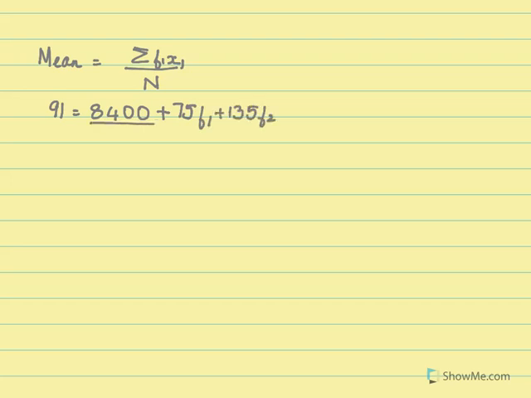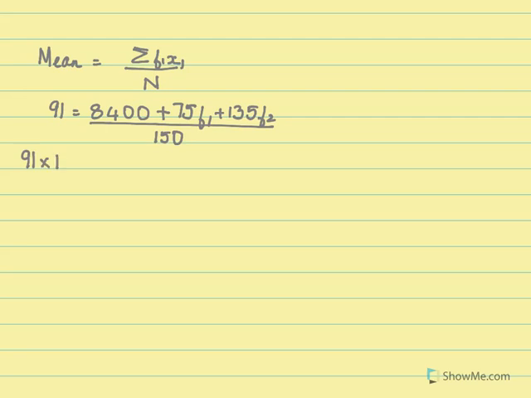Next, we have mean is sigma FiXi over total number of observations. Here the mean is given as 91, which is 8400 plus 75 F1 plus 135 F2 over total observations, 150, that is your n.